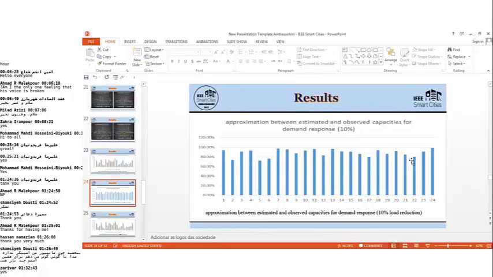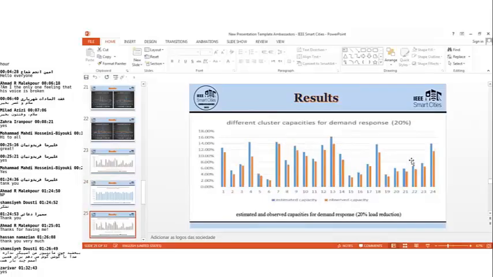So the model needs more and more implementation to get a better accuracy. But some others approximately have the same and regular electricity consumption behavior and obey that. They do not change their consumption behavior very much.